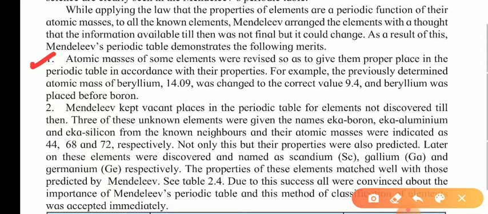For example, the atomic mass of beryllium 14.09 was changed to the correct value 9.4, and beryllium was placed before boron. So some of the elements' atomic masses he corrected according to the research and the table, and gave them a proper place in the periodic table.